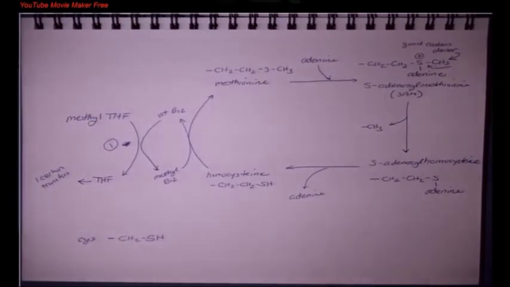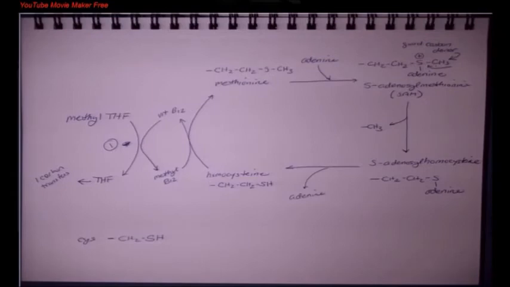Now, if I'm folate and vitamin B12 deficient, that's pretty, when you first become deficient in folate and B12, it doesn't really present much clinically. So my homocysteine levels might go up.